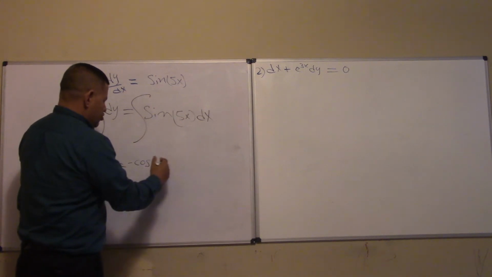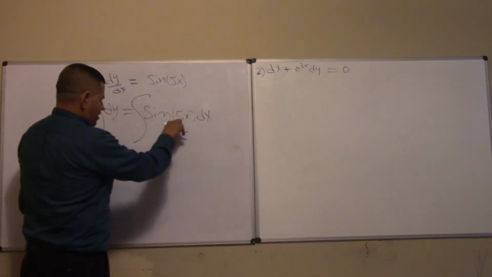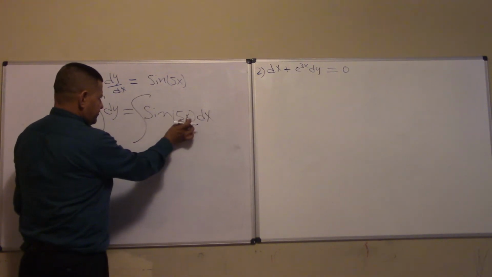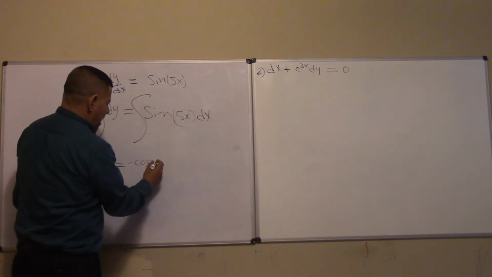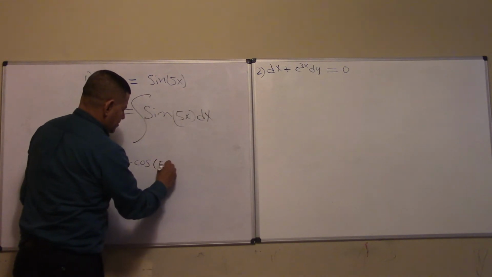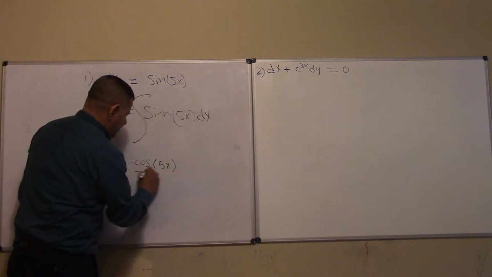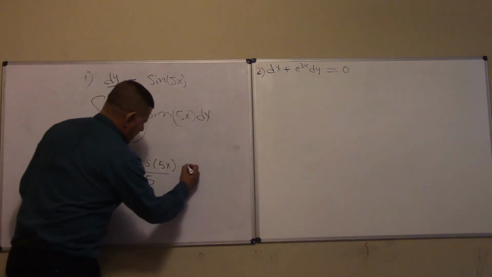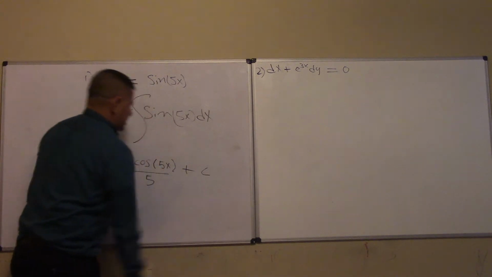So here, because this is the coefficient of the argument, I will say 5x, and I am dividing by 5. And of course here I get a plus c, a plus a constant, right?